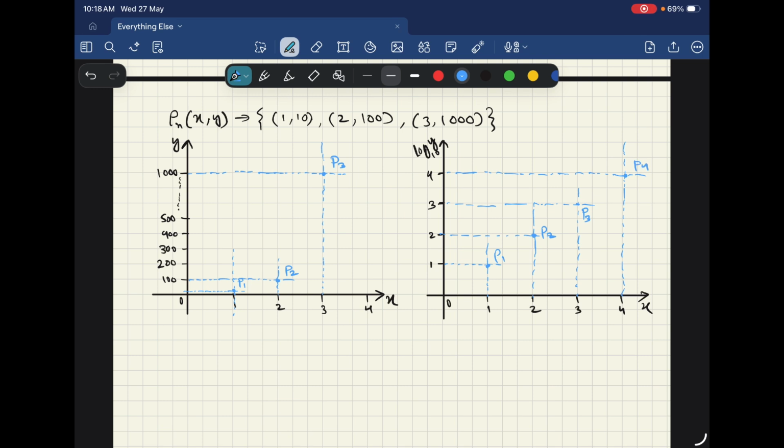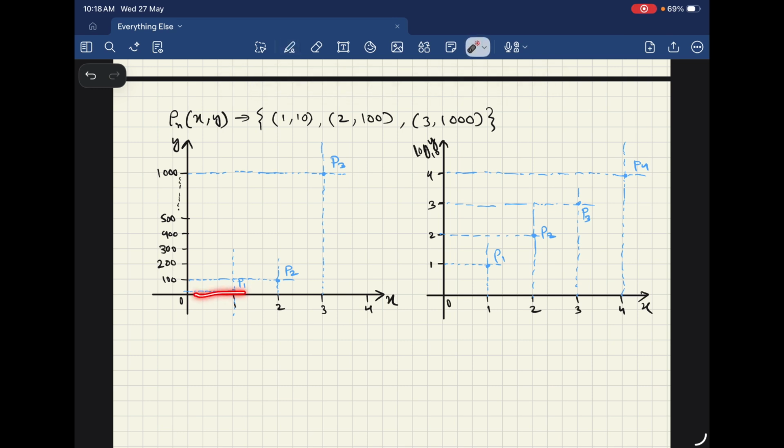You see how easy it became to plot? Earlier the graph was diverging very much, and now we converted it into a linear and simpler graph where I can plot for y equals to 10 to y equals to 1000 in a count of 4. You see what happened? So that is the power of logarithm.